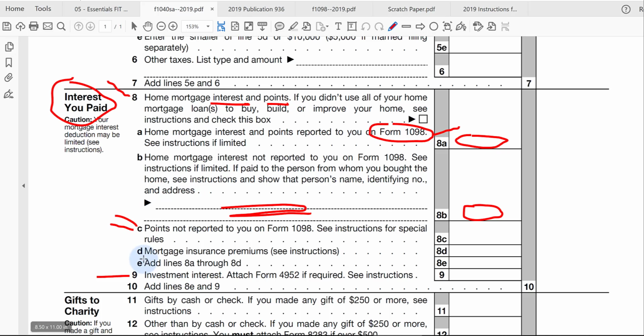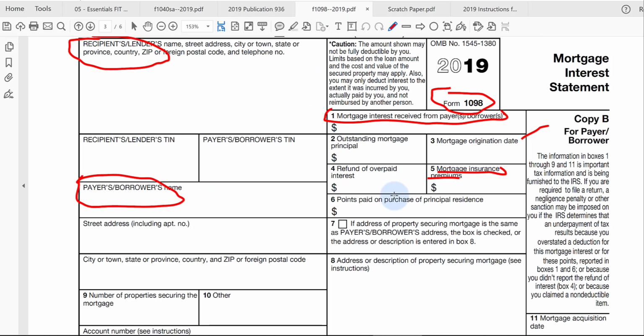Mortgage insurance, this deduction was brought back last minute for 2019. And again, if you take a look at the 1098, there may be a box showing how much insurance you paid to help the lender guarantee your loan. And whatever dollar amount here could be deductible, assuming that the taxpayer, the borrower's AGI, is less than 100, I believe it's 109,000 or 110,000.